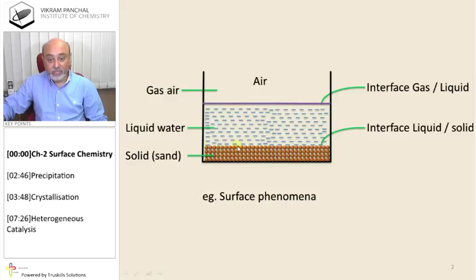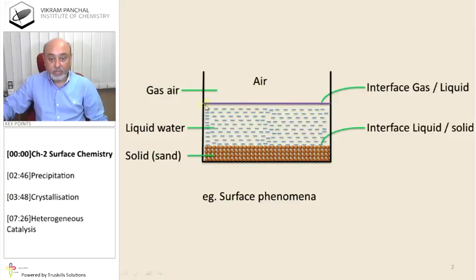The surface of this solid particle which is in contact with liquid is known as interface, and a method of showing interface is like this: liquid/solid. Similarly, on top of water you will find air, which is gas.